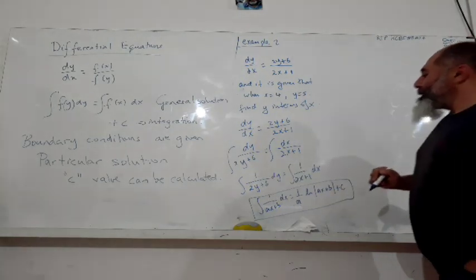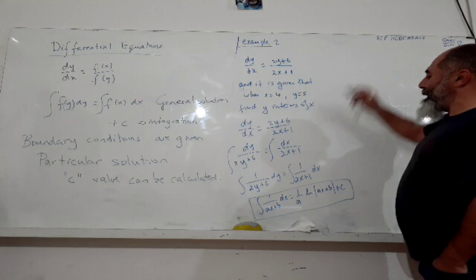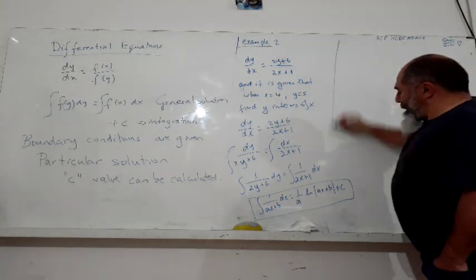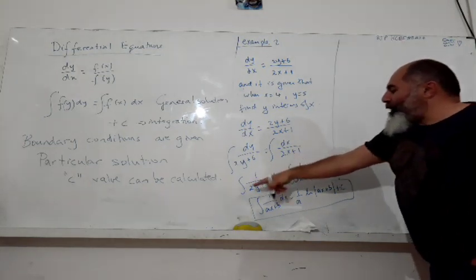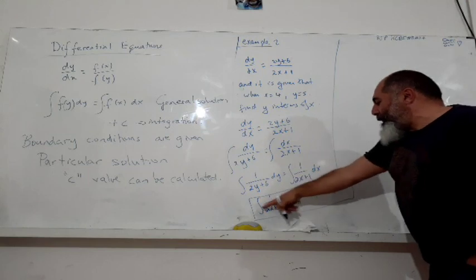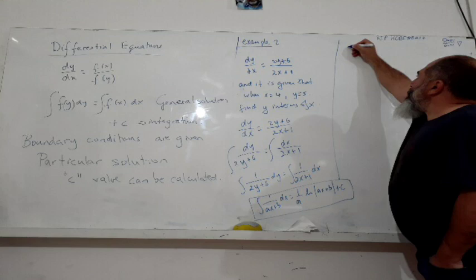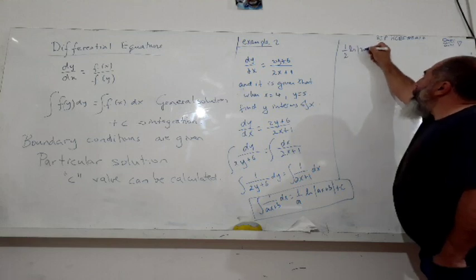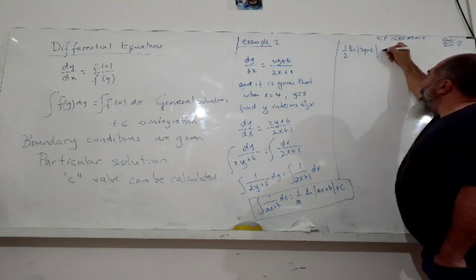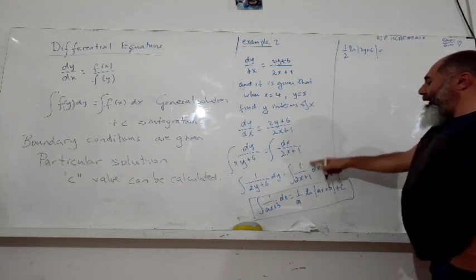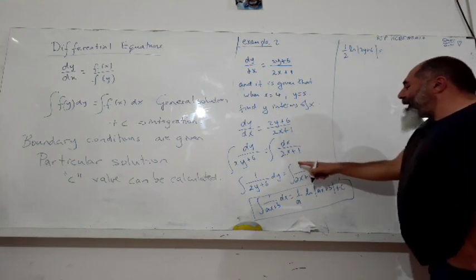So what are the integrations? We have 1 over 2y plus 6, and using that identity here, the answer is going to be 1 over 2 ln of 2y plus 6 is equal to 1 over 2 ln of 2x plus 1.